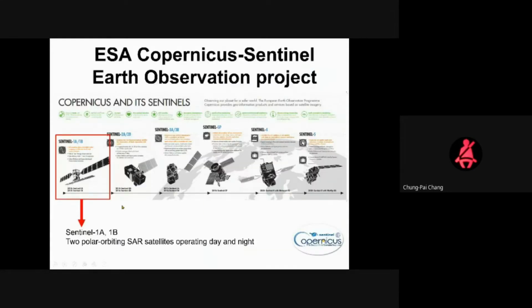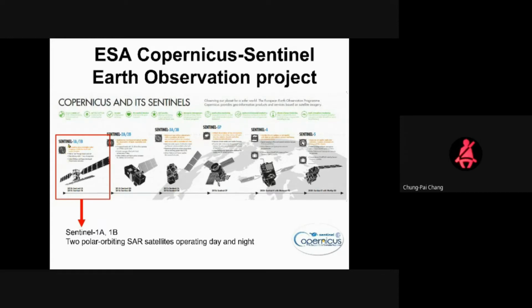Sentinel-1A and 1B are two polar-orbiting SAR satellites launched in 2014 and 2015, I think. Unfortunately, 1A still works well, but 1B, I remember, at the end of last year, because of a solar storm, did not function very well.